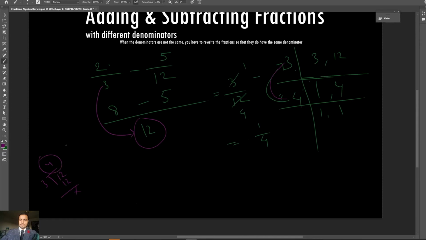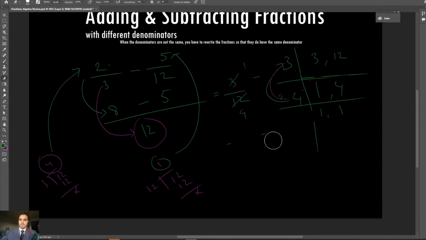I took this 4 and multiplied it by this 2, so 4 times 2, and I got 8. Then I looked at how many times 12 goes on 12, so 12 times 1 is 12, so I took this 1 and multiplied it with this 5. 5 times 1 is 5. That's how I got 8 minus 5, which is 3, and we got 3 over 12. Then I simplified 3 over 12 to get 1 over 4, okay?